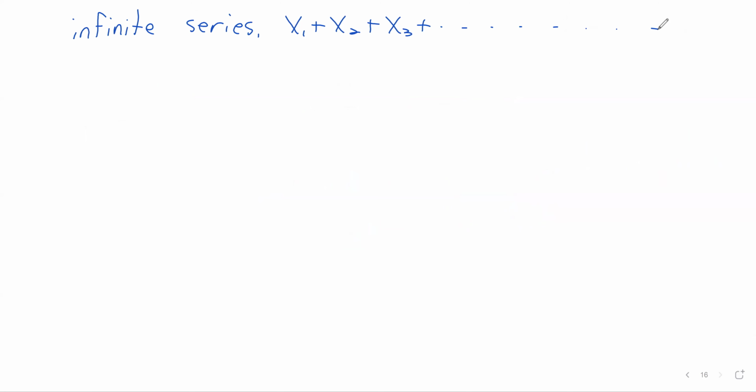And our notation is going to be the same summation notation that we used for finite sums, except up here, where for finite sums we'd have a stopping condition. We tell you what the last term is. This is an infinite sum. It never stops. We put an infinity symbol up there.